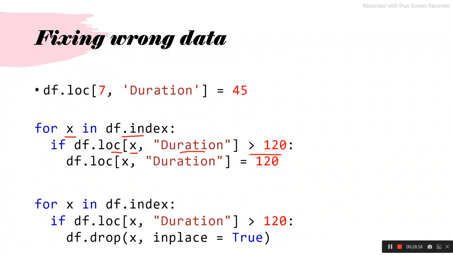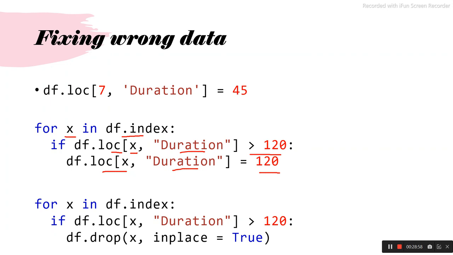In case the value in the duration column is more than 120, then df.loc[x, 'duration'] I make equal to 120. If it is more than 120, I will make it 120, even if it is 450 or 350 or even 121.